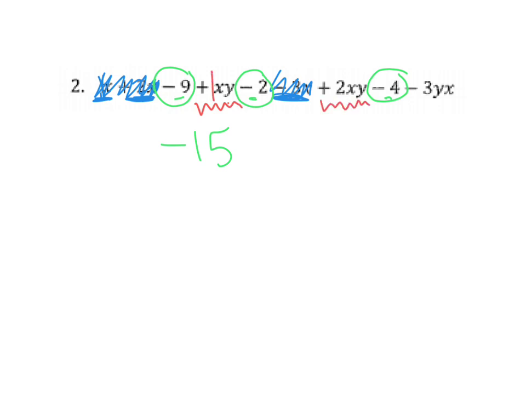Here I have an xy. And then this one's xy as well. They're not in the same order, but that's okay. That means the same thing. I'm going to say 1xy plus 2xy. So that's 3. And then 3 minus 3, that one cancels out as well. That one's also 0. So I'm just going to get rid of that, which means our final answer is just negative 15.